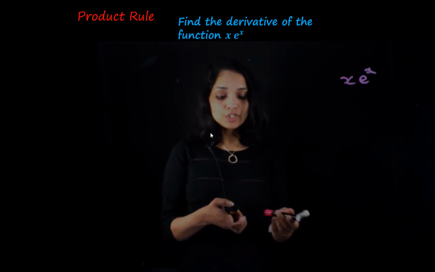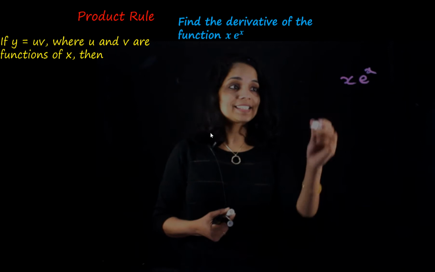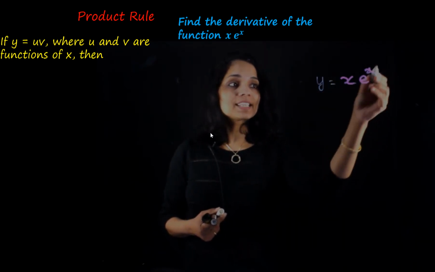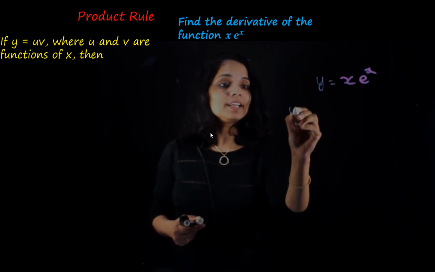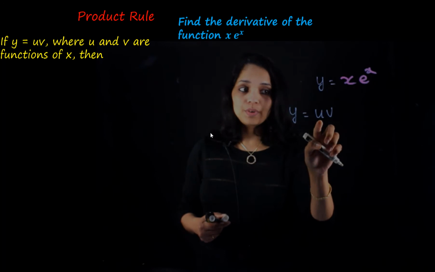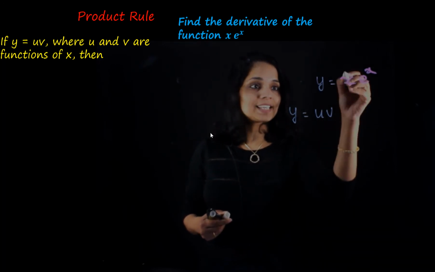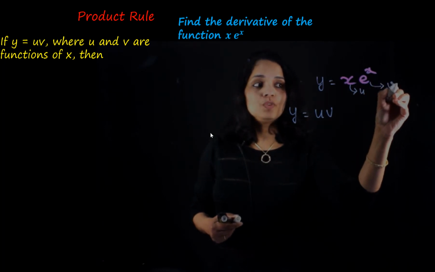So if we have a function of the form y equals uv, in this case y equals x e to the power x, where u is a function of x and v is a function of x, in this case x is u and e to the power x is v.